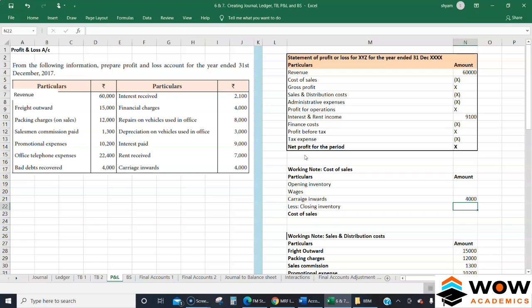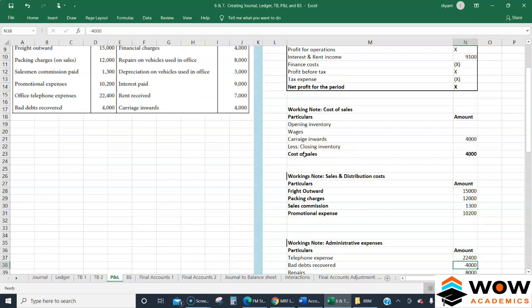Okay, so the total cost of sales, we don't have any opening stock, closing stock, or any other concepts here. So directly there's only cost of sales available, and that we will directly show under cost of sales. So that comes to 4,000.